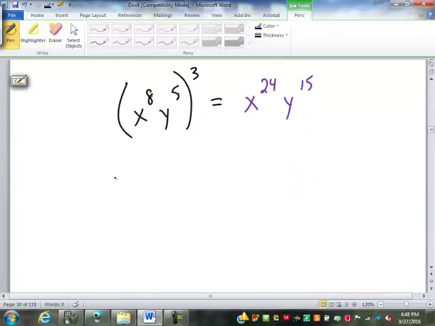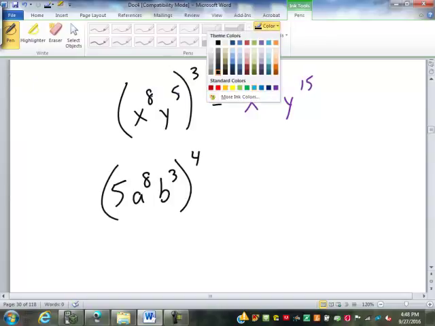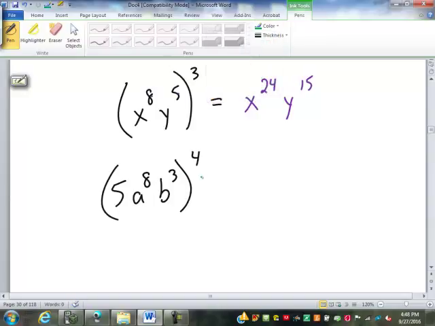Now we can slip a number in there. 5 to the 4th. Now I have to do the number, actually does have to be the power. I can't just do 5 times 4 because it's not multiplying. It is still a power. So that is 5 to the 4th, which is 5 times 5 times 5 times 5, which is 625.